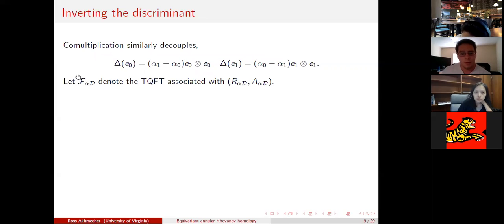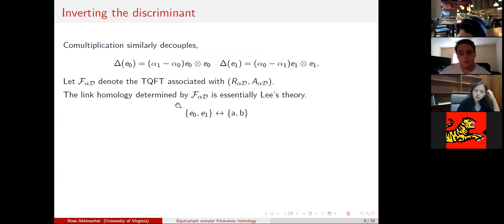So now I'll let f alpha d be the TQFT that you get from this, and it determines link homology like I discussed, and it's essentially the Lee deformation. In some papers, like Lee's paper and Rasmussen's paper and probably some others, there are these A and B elements, and this e null, e1 play the role of that.